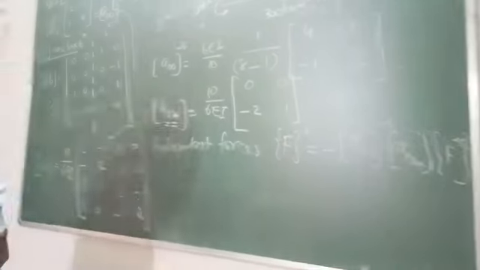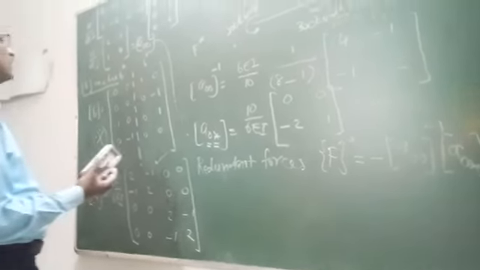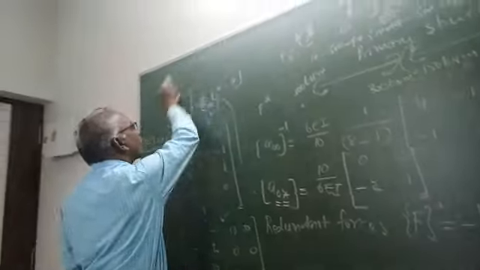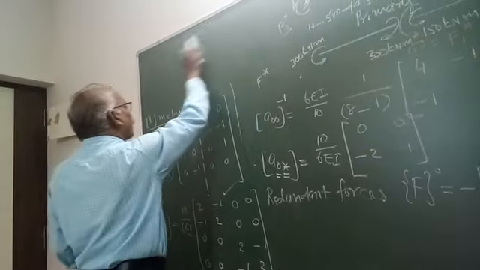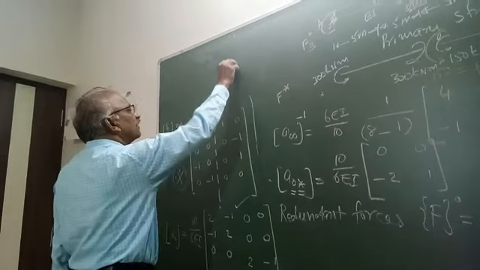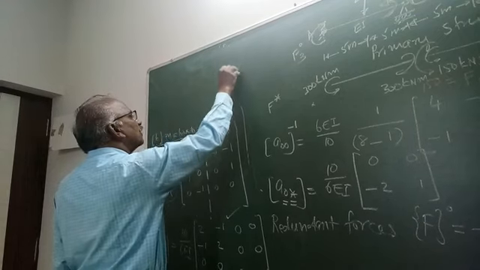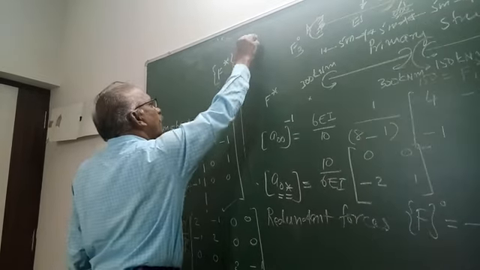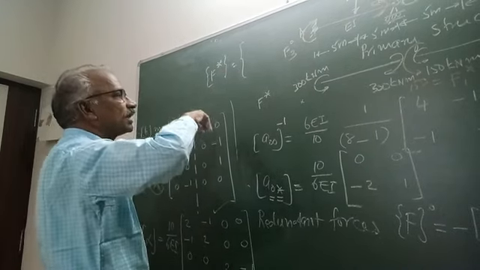Now, F star we have already calculated. F star consists of F1 star and F2 star.